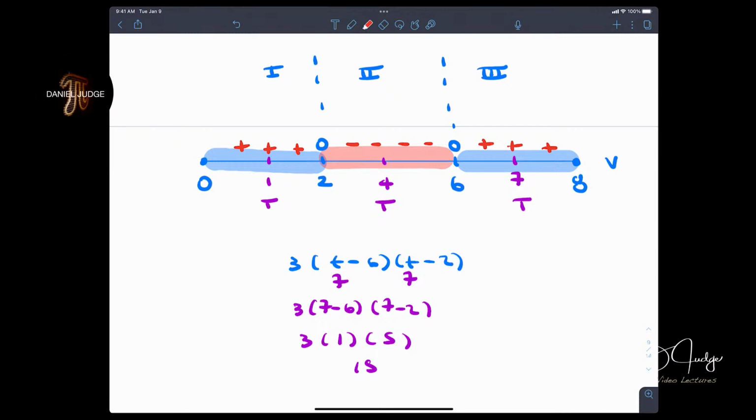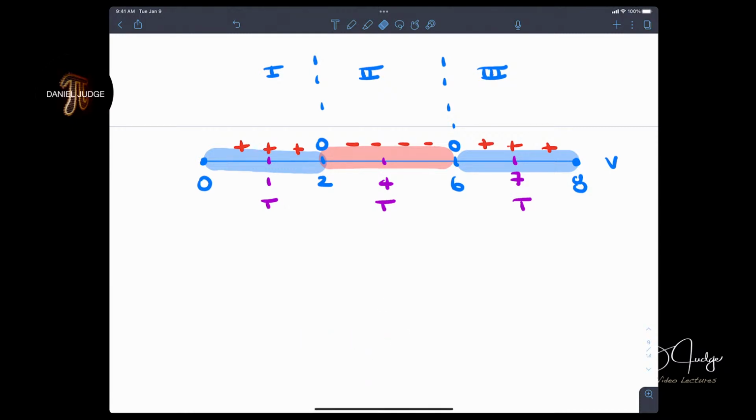Now I'm going to describe the values of t where the region's going to be positive, where it's going to be negative. Now, here's what we can say. v of t is greater than 0. If we look at this in terms of interval notation, this is 0 to 2.